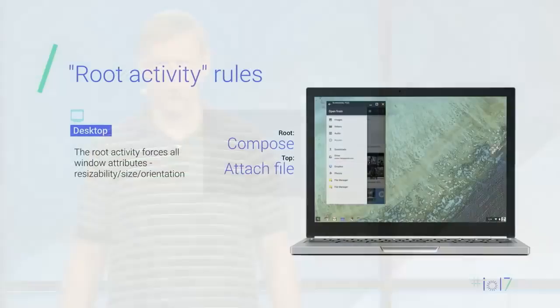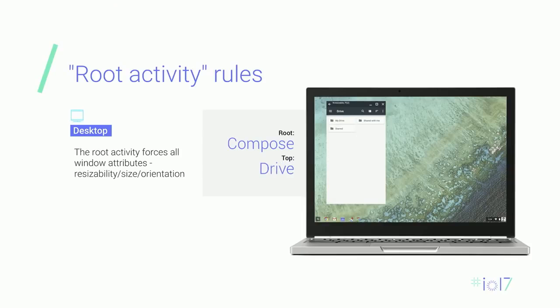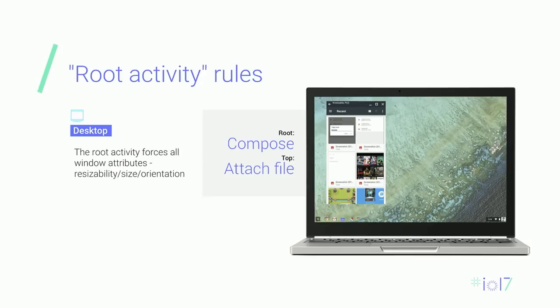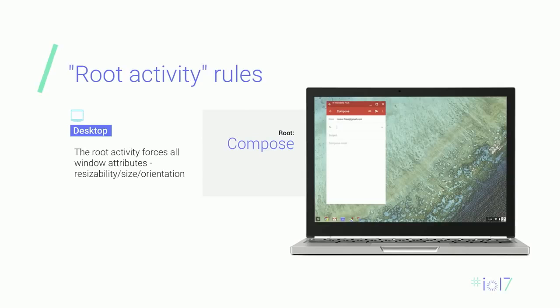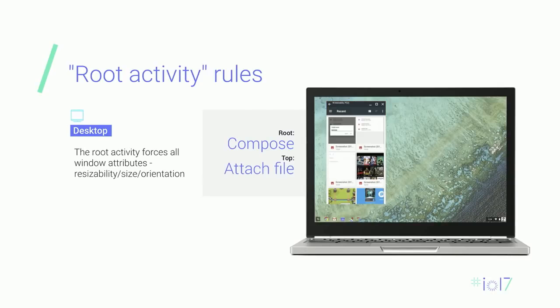The big change to previous versions is that we have a new rule, and that is the root activity rule. Essentially, you have multiple activities which make up the task stack, and the top activity is the one which you see, and the bottommost one is the root activity.